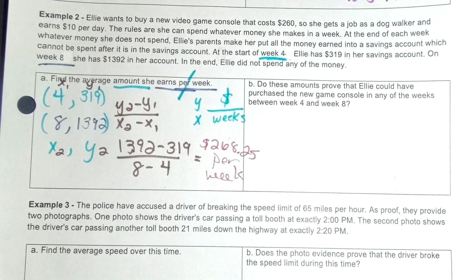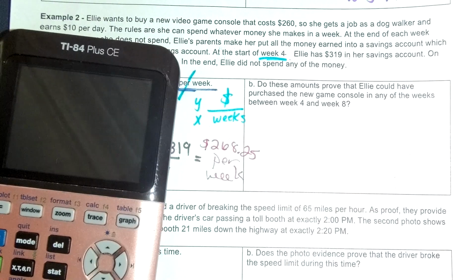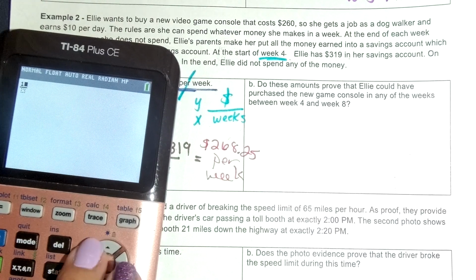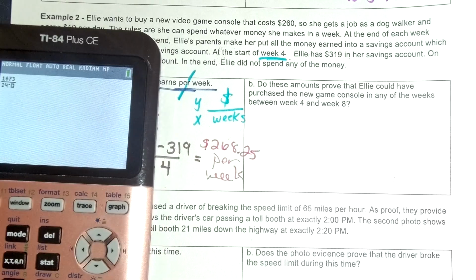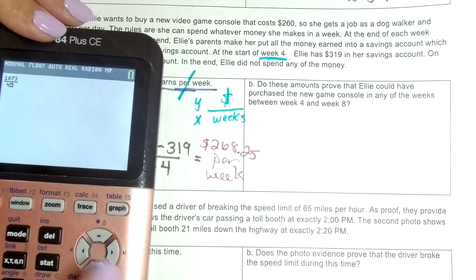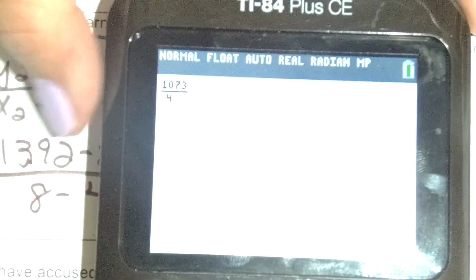Okay. Now, remember these are word problems, right? What fraction did you get? 1,073. Wait, 1,000? Yeah, 1,073 over 4. Divided by 4? Okay. Now, I know this gives you a fraction, right? But we can divide.